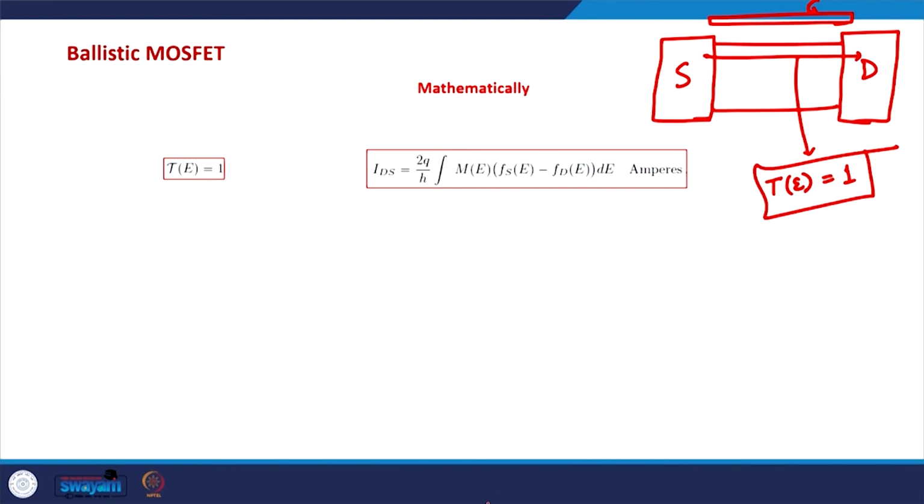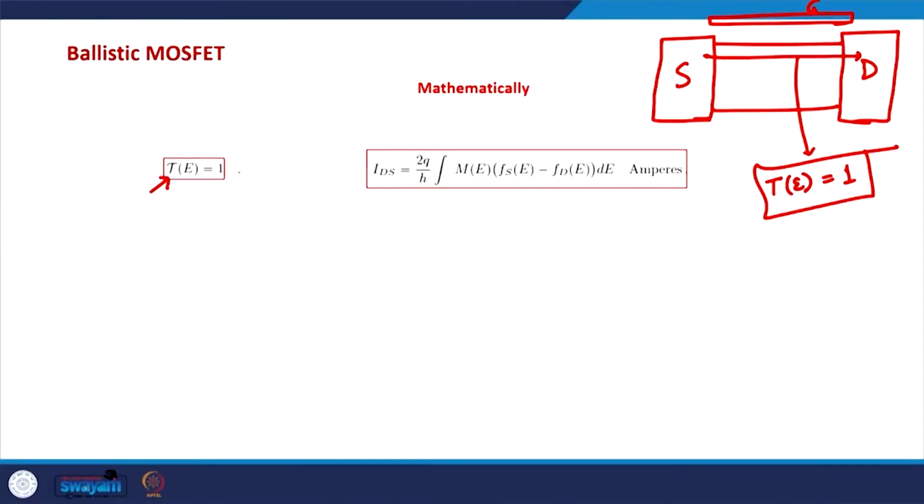So, in all the expressions that we have discussed so far in the Landauer model of transport, we need to put T(E) equal to 1 while dealing with a ballistic MOSFET, and there are many interesting ideas in the ballistic MOSFET. Since there is no collision in the channel, the question is where the resistance is coming from, and this question we have addressed in detail.